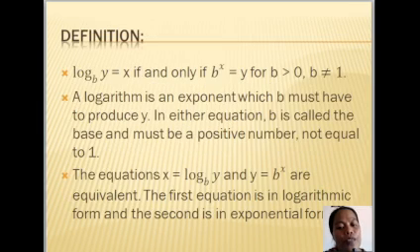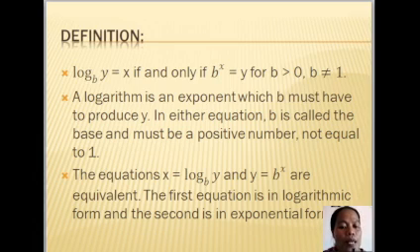Okay, let's have the following definition about logarithmic and exponential. The logarithm of y to the base b is equal to x if and only if b to the power of x is equal to y, for b greater than 0 and b not equal to 1.